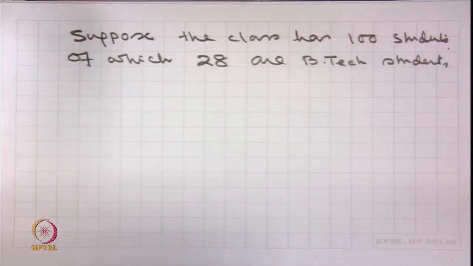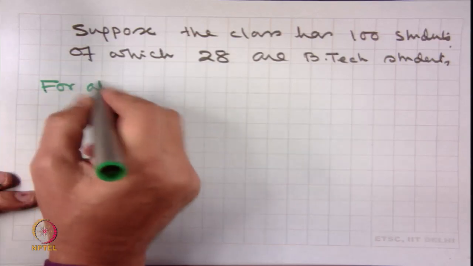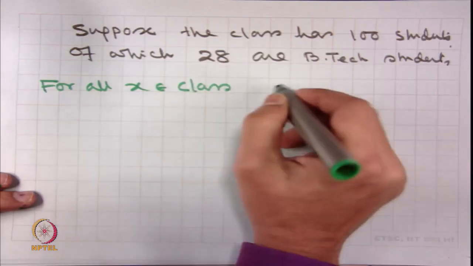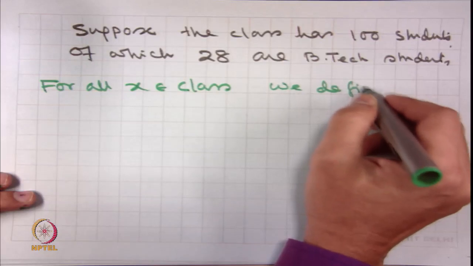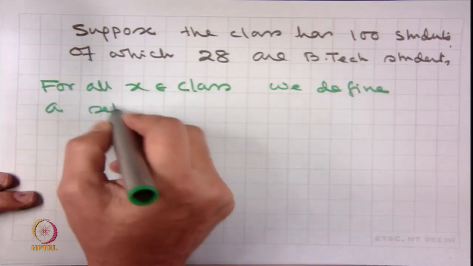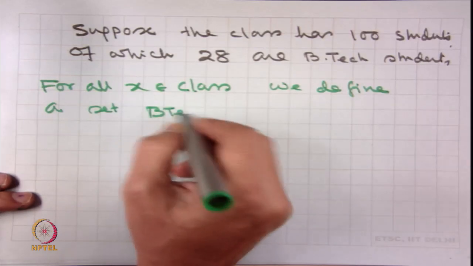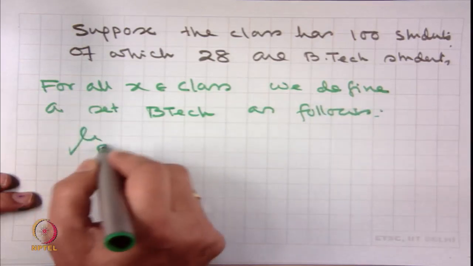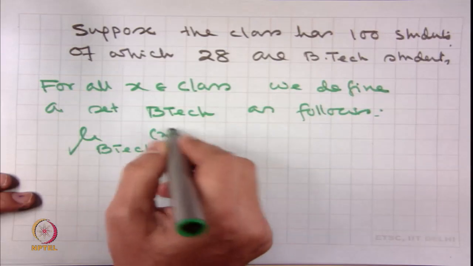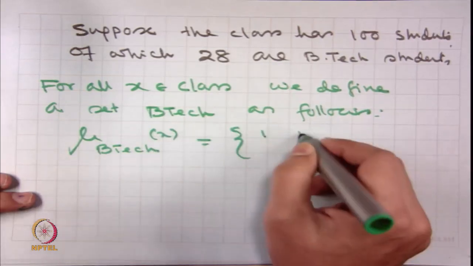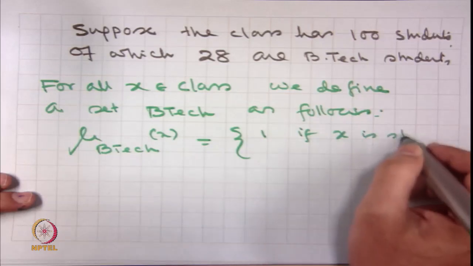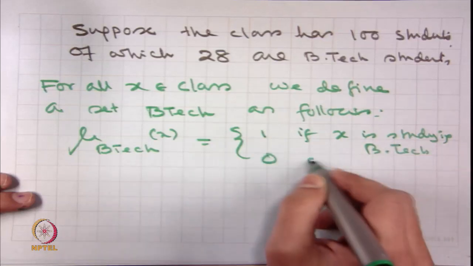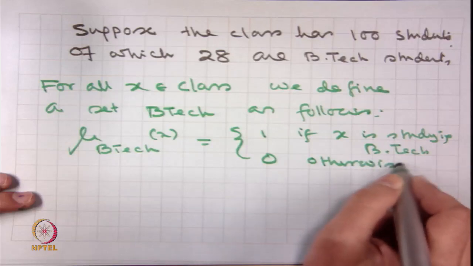Therefore, for all x belonging to the class, we define a set B.Tech as follows: mu B.Tech of x is equal to 1 if x is studying B.Tech, 0 otherwise.